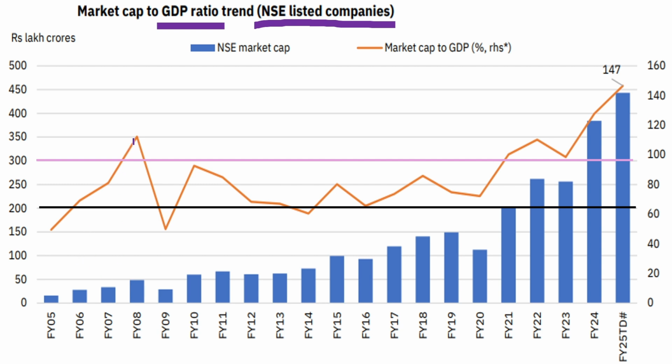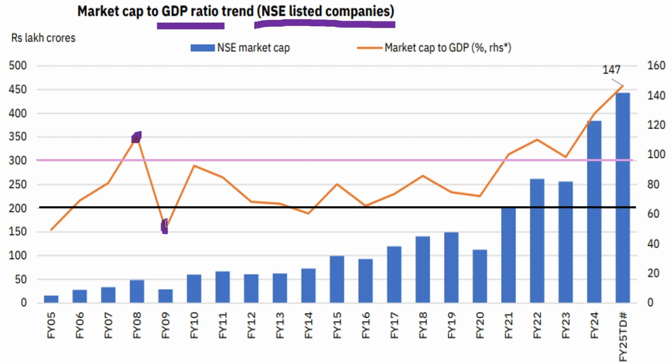Now, the interesting thing to note is, look at this point over here. Around 2008, the market had reached the highest market cap to GDP ratio, which was around 110 or 115, and then it went down to around 50.